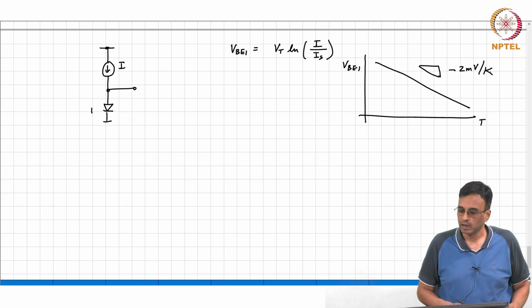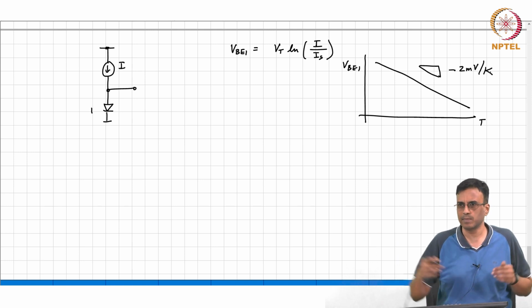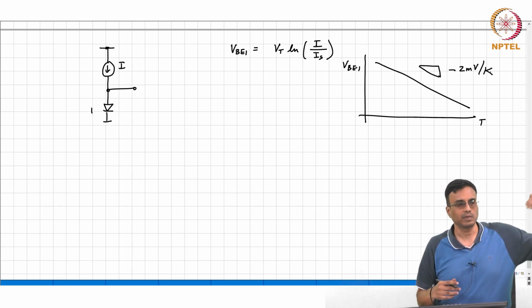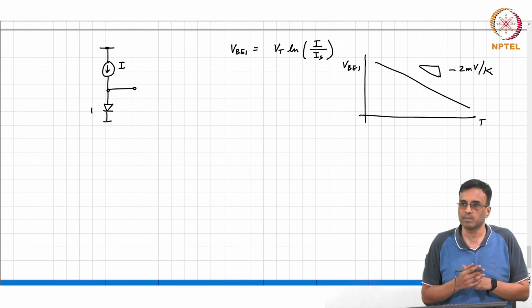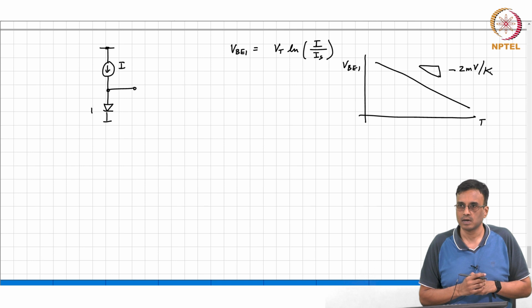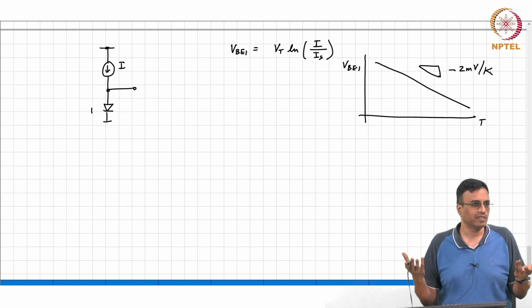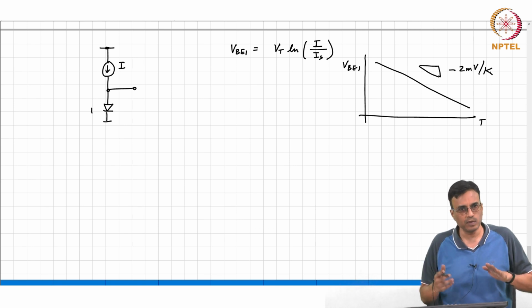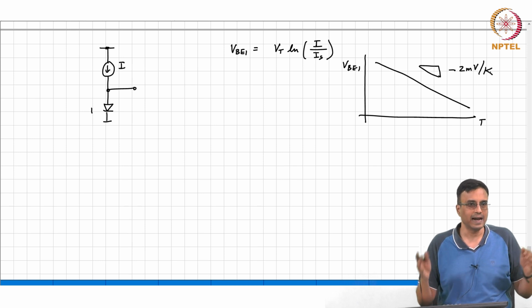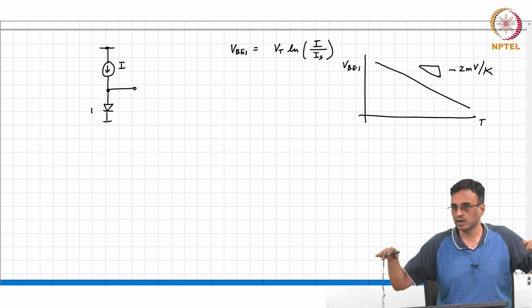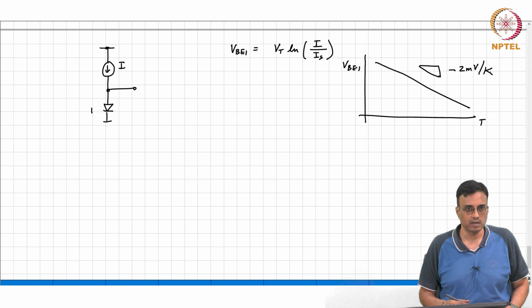Okay, but what we want is something which does not change with temperature. So, if you have something which is falling with temperature, how do you get a quantity which does not change with temperature? Common sense tells us that if you found some other quantity which increased with temperature, then if you add that and this in the right proportion, you will probably get something which does not change with temperature, right.